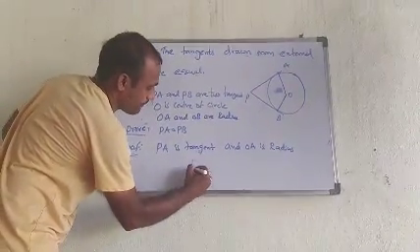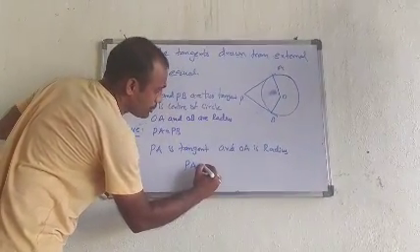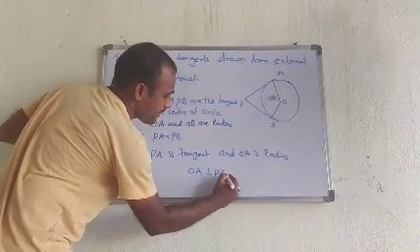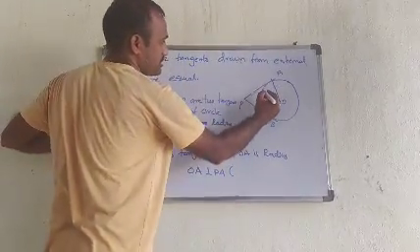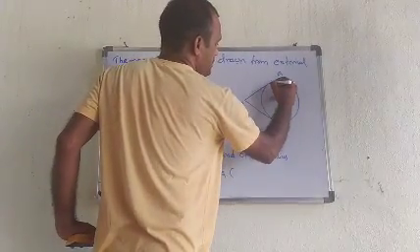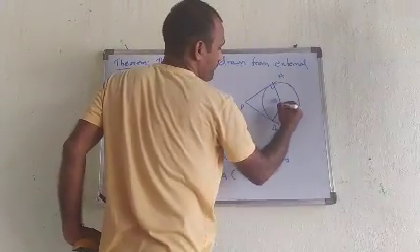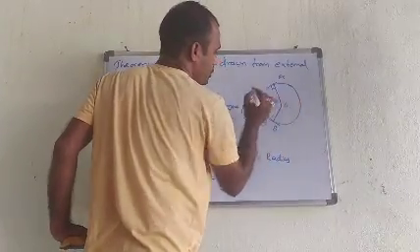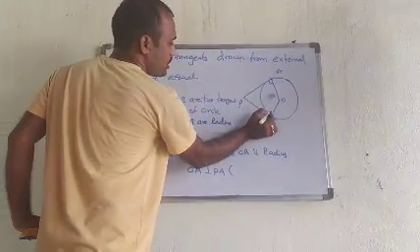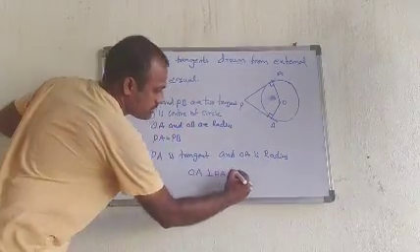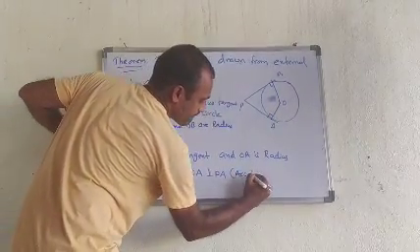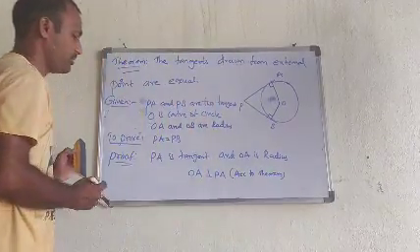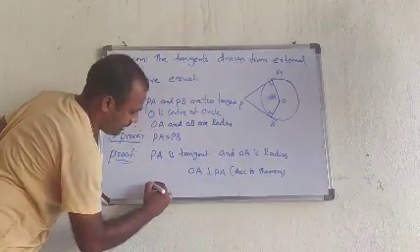So we can say that OA is perpendicular to PA, according to the theorem we have just discussed: a tangent is exactly perpendicular to the radius through the point of contact. Here also it will be perpendicular. So OA is perpendicular to PA.